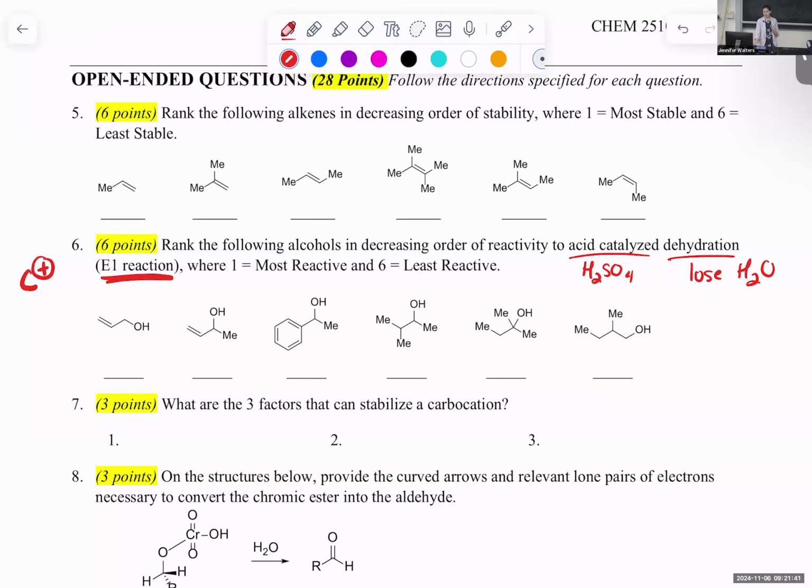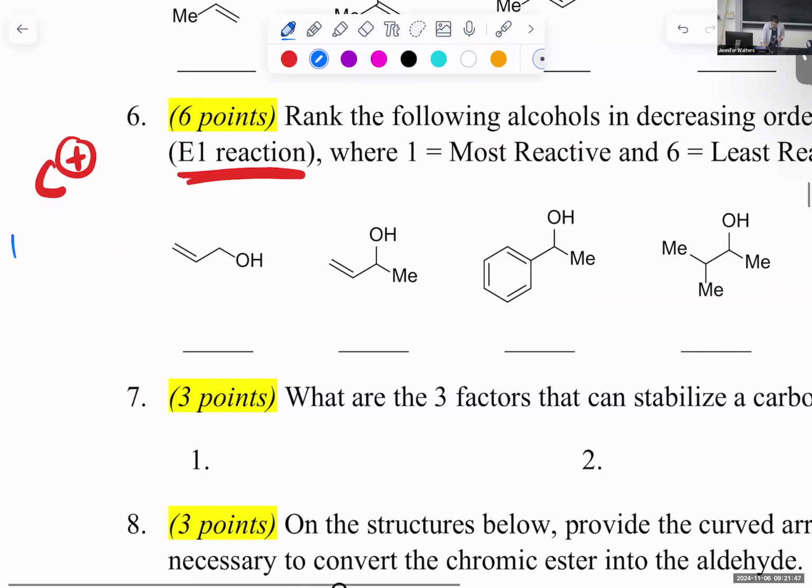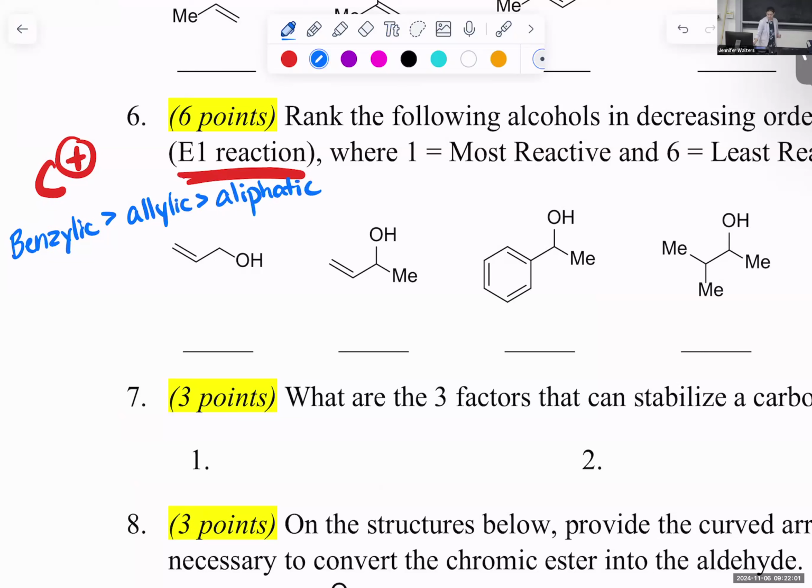So for our carbocation stability, we had 2 trends. First, getting resonance was the more stabilizing factor. So benzylic was better than allylic, which is better than aliphatic because of resonance, which also answers question 7.